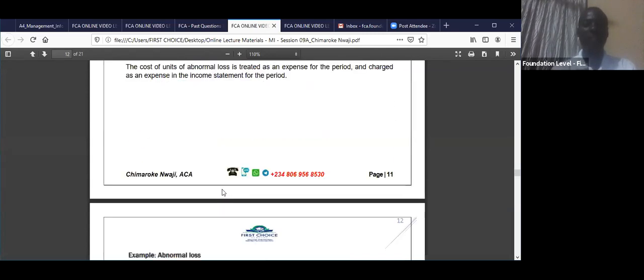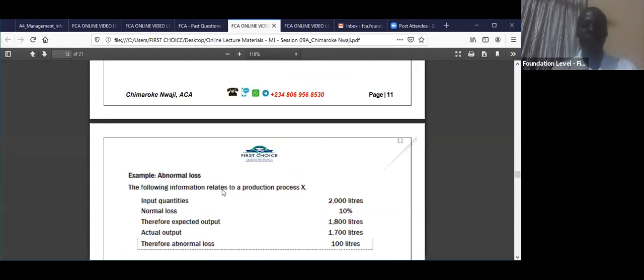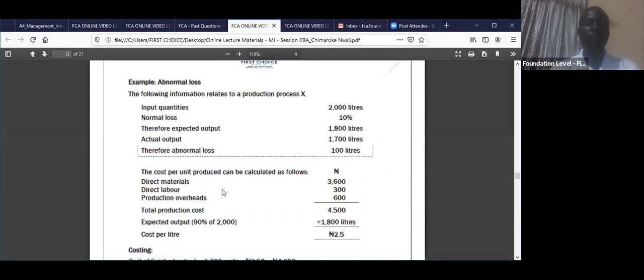Now let's look at this example. Example, abnormal loss. Now we are looking at the same situation, but can you see something here? Actual output is lower than expected. What does that mean? That there is 100 liters abnormal loss.